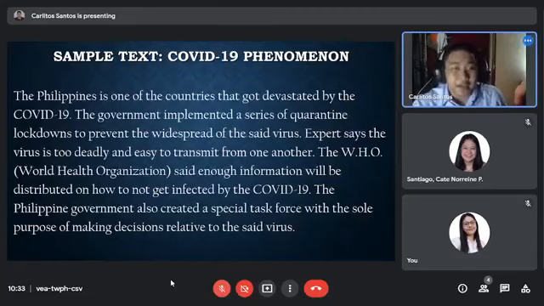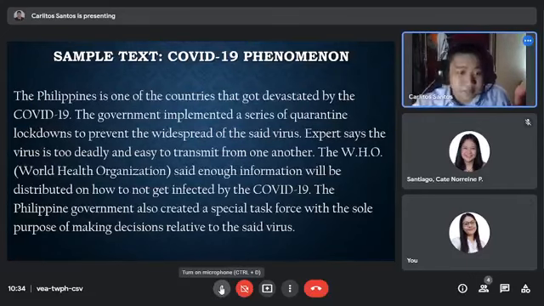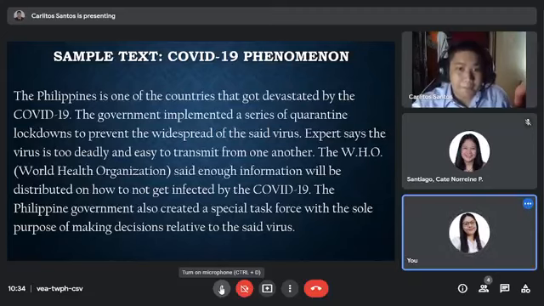May I ask Miss Torrens to read this first paragraph? COVID-19 phenomenon. The Philippines is one of the countries that got devastated by the COVID-19. The government implemented a series of quarantine lockdowns to prevent the widespread of the said virus.